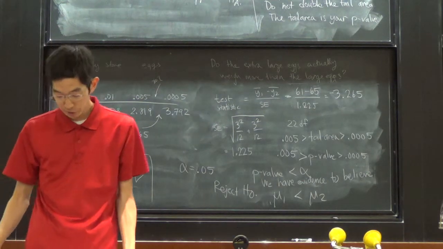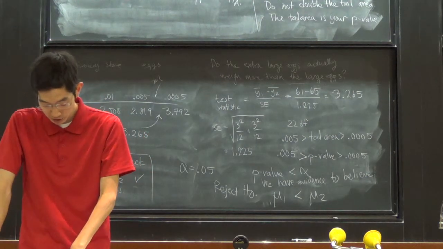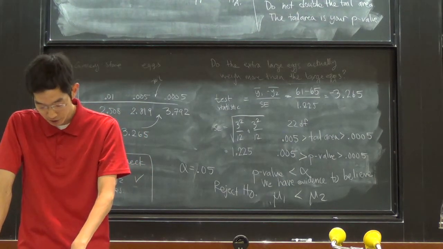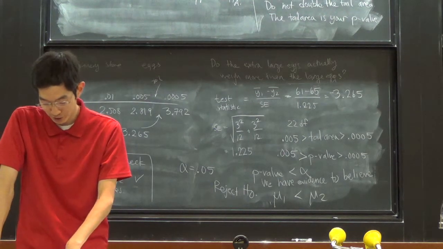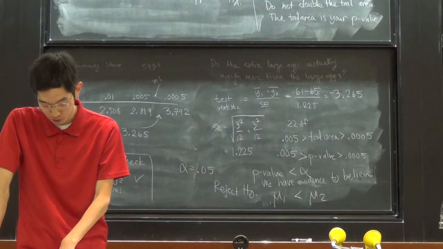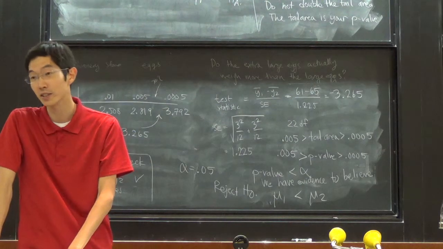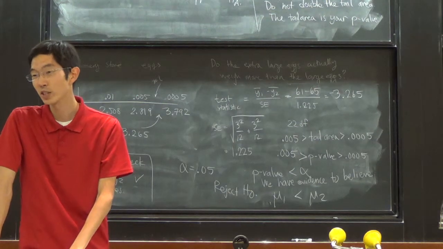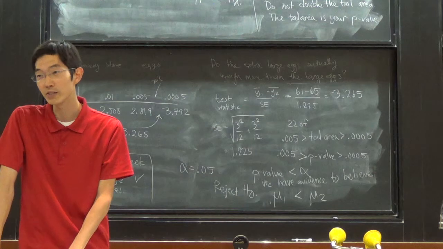In a very rare circumstance, it is possible. If we were doing 22 degrees of freedom, it's possible that your test statistic ends up being exactly 1.717, meaning your tail area is exactly 0.05.